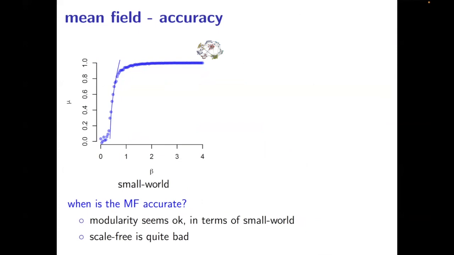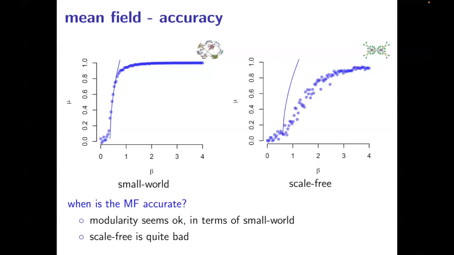So the average degree is also included in this factor determining the exact point of the phase transition, and it moves it towards here. The degree of the whole network is of course dependent on what kind of network you have, so it will move this location also. And that seems to be reasonably well. But if you put it on scale-free, you can see the location may be okay, but it's certainly not doing very well. But up to a point, it's okay.